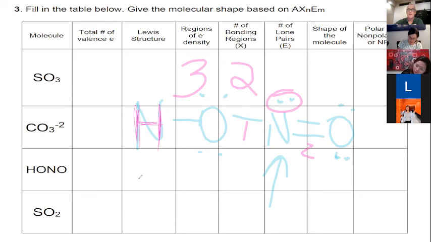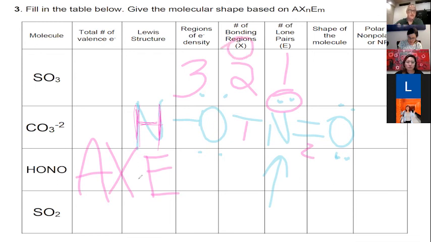Right. It's got that lone pair right there. So when I write my AXE, A is the central atom, which is the nitrogen. And what do I put by the X? X is 2, bonding regions. And what do I put by the E? E is the number of lone pairs. 1.